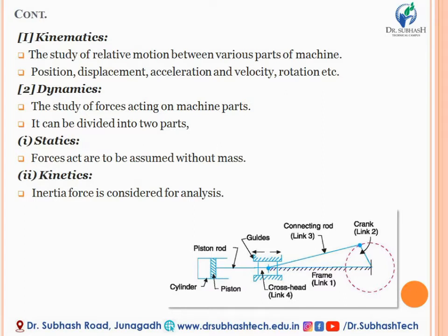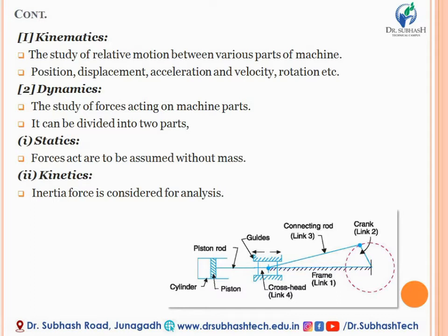So if you are taking a kinematic study of this entire mechanism, that means the slider crank mechanism, then the relative motion of various parts can be determined using kinematics, which gives us the velocity, or we can say the motion characteristics, of each and every link assembled in the slider crank mechanism.